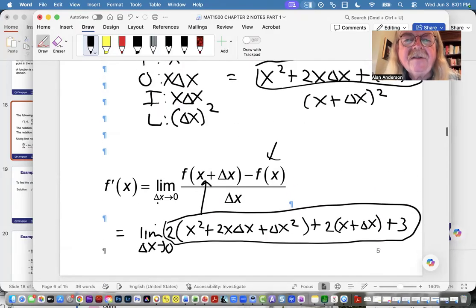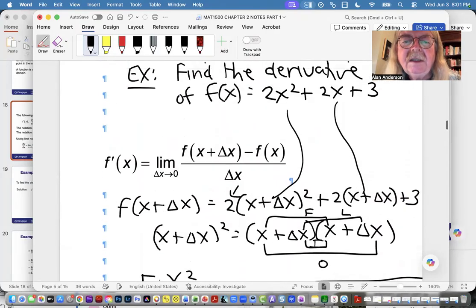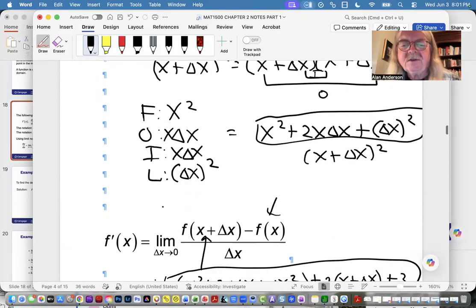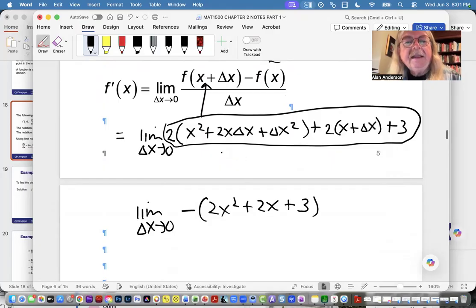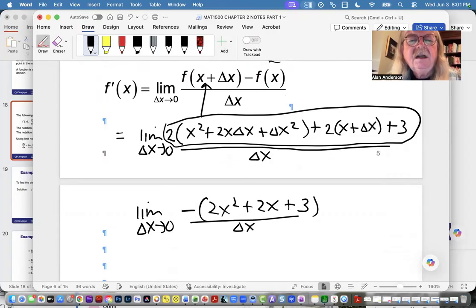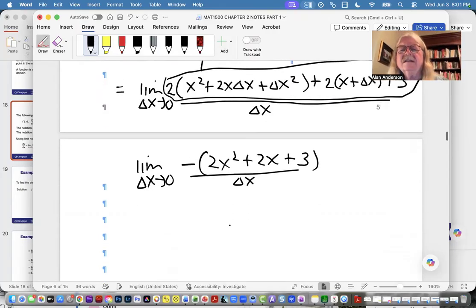Minus, now remember, f of x, the original function, was 2x squared plus 2x plus 3. And then we still have to divide everything by delta x. All right. So, you know what, this is still kind of messy. I was hoping to get a simpler example, but I guess it didn't happen.